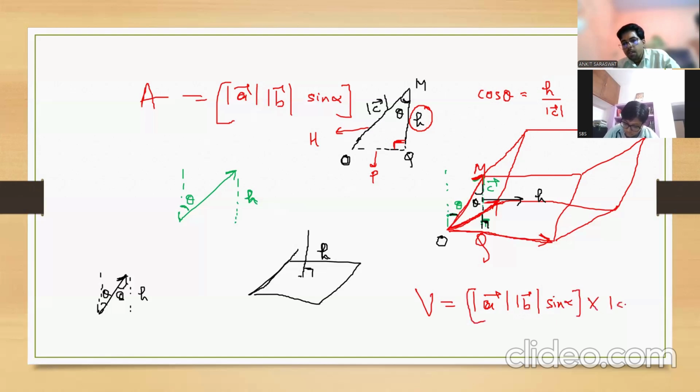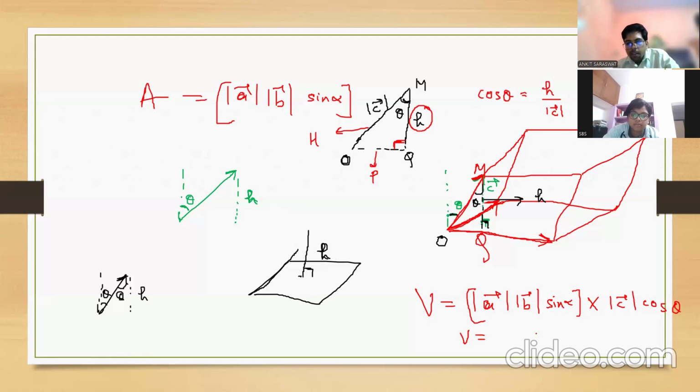Height is what? Mod C cos theta. Clear? Now please tell me, what is this mod A, mod B, sine alpha? It is the area of the base, sir. Can I say like this?